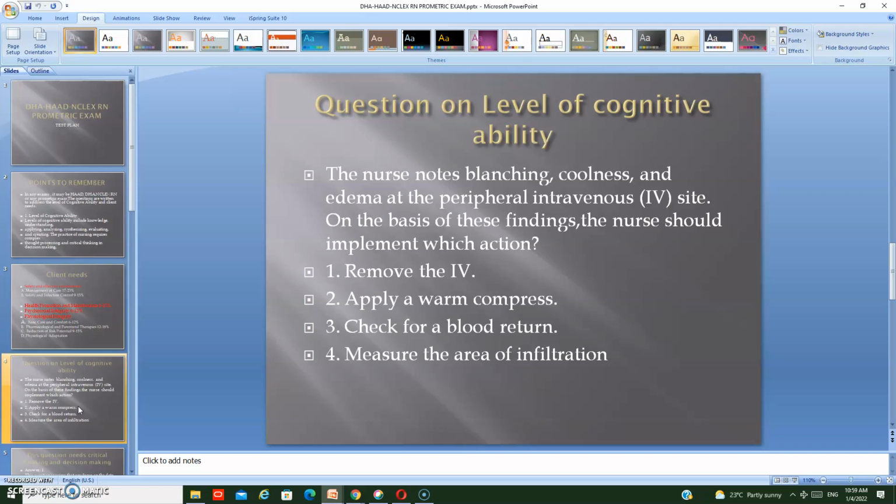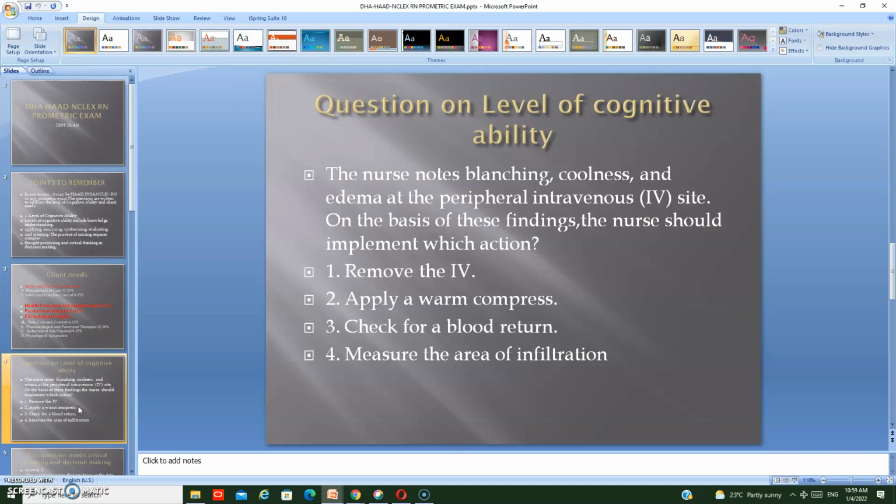Option 1, remove the IV. 2, apply warm compress. 3, check for blood return. 4, measure the area of infiltration.